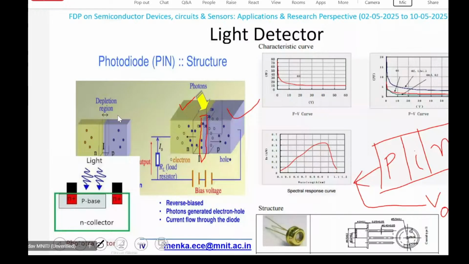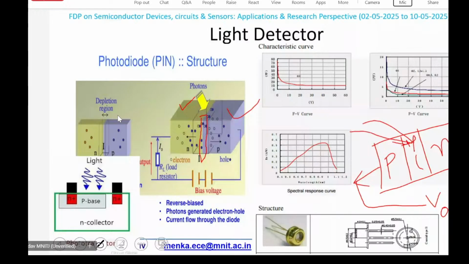So the open circuit voltage and the short circuit current are the characteristics in the case of a solar cell, which are going to tell you how much power the solar cell can give. So basically what is going to happen is you are letting your light fall over here. This is the PIN junction.